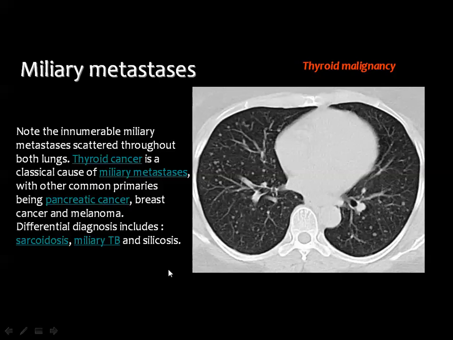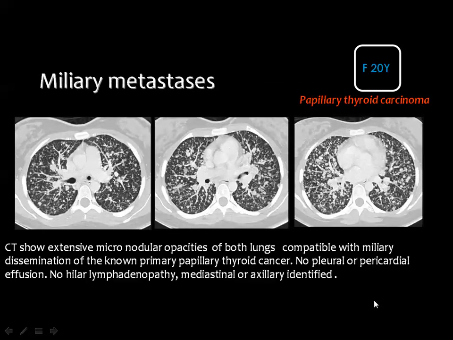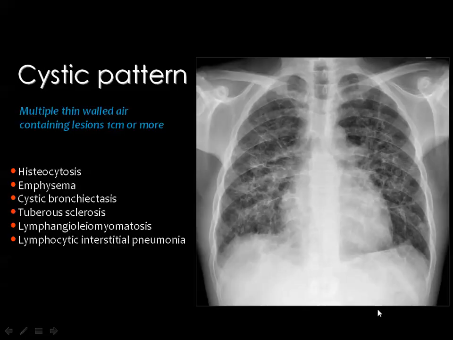And in cases of silicosis, you may see that the nodules are very dense, and also you may see the complication of progressive massive fibrosis. This patient with papillary thyroid carcinoma showed multiple miliary shadows in both lung fields. The CT scan showed extensive pulmonary nodules of variable size distributed randomly through the lungs, diagnostic of metastatic deposits.